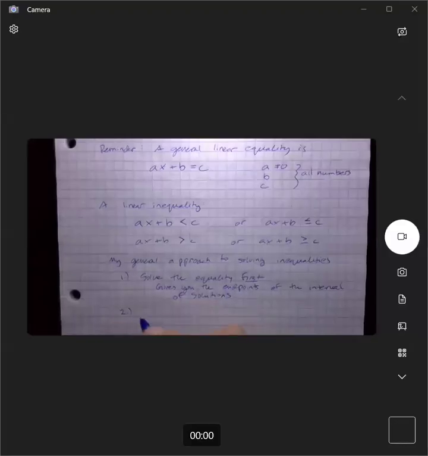And then step 2 is I test numbers on either side of the endpoints. Sometimes there's only one endpoint, sometimes there's lots of endpoints.